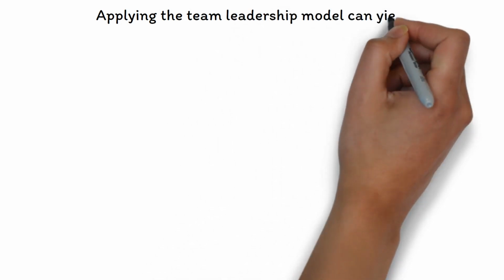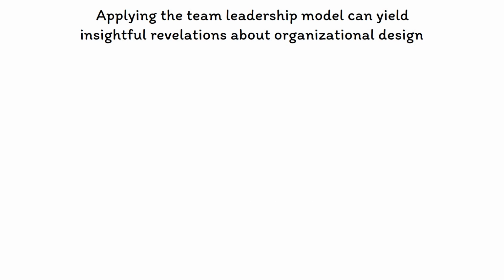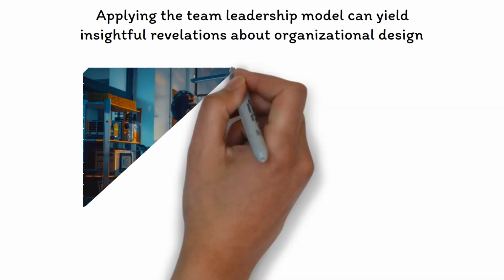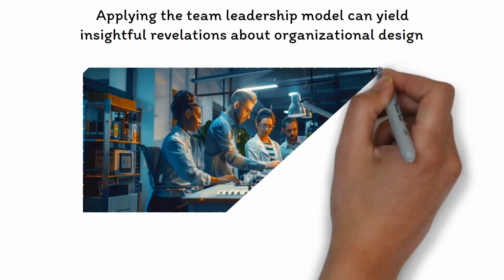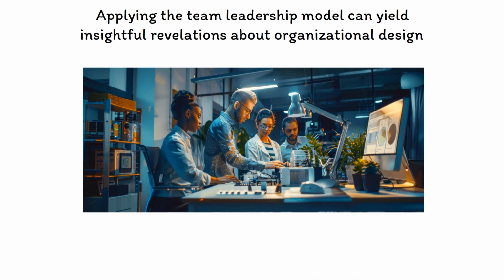Applying the team leadership model can yield insightful revelations about organizational design. For instance, when starting a new venture, such as a crop science technology company, adopting a team-based structure might seem advantageous. Research indeed indicates that such a structure can enhance product quality, boost innovation, and reduce resource waste.